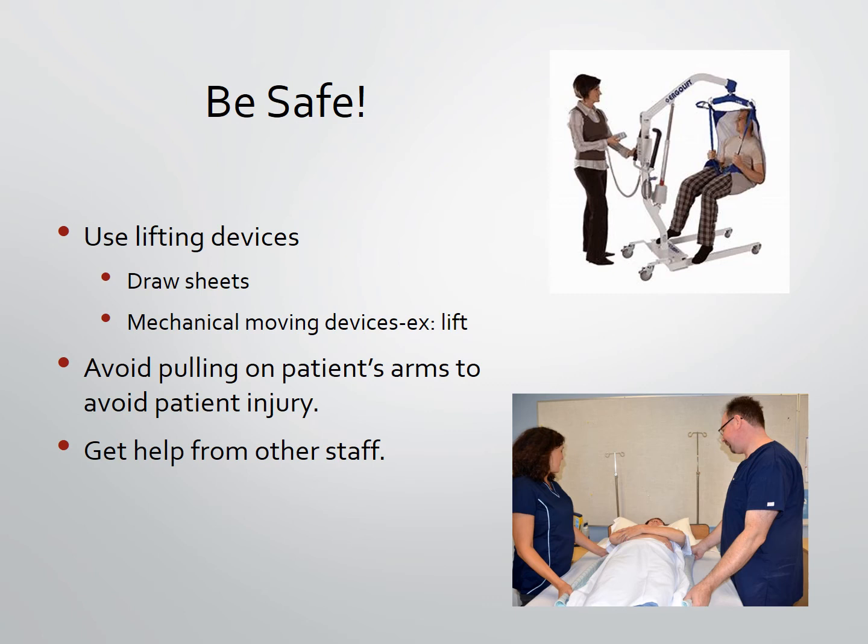I know in home care things get different because people take care of patients at home, family members, but out at facilities, it's definitely 2 people in case something goes wrong. And for safety for the patient and yourself. You don't want to pull patients' arms. You don't want to hurt a patient because they're very fragile. You want to be using things like the sheets and stuff.